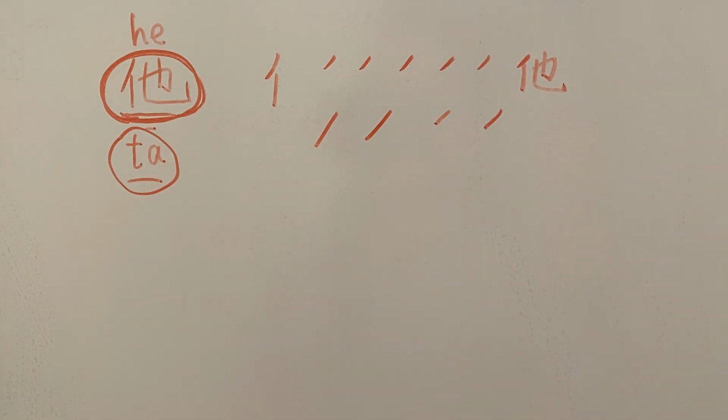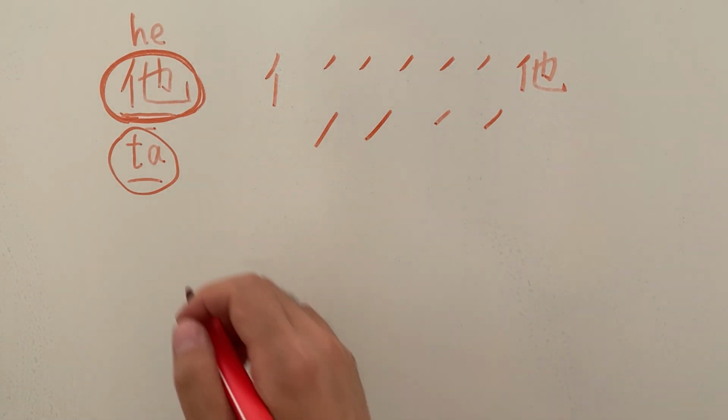That is ta, he. Okay, that needs a lot of practice, to be honest with you. Chinese kids began to write Chinese words from age 5, 4. They make tons of practice every day. My son, yeah, I know that.